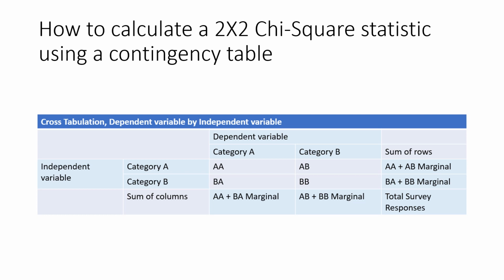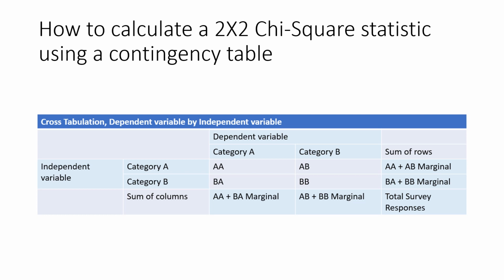So you can see that in the rows we have our independent variable, and in this case there are two groups or categories in that variable. There's category A and there's category B. And similarly, you can see in the columns we have our dependent variable in this test. And again, this variable has two categories, category A and category B.